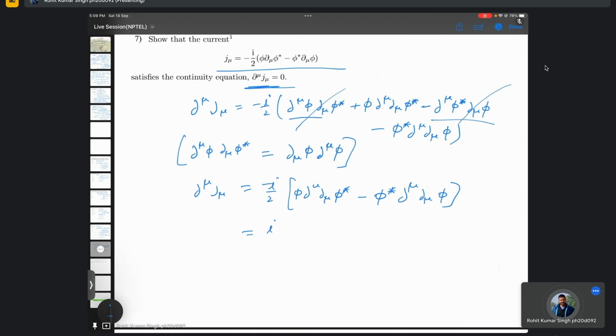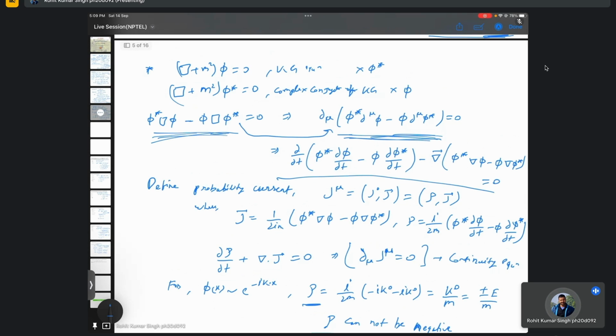and this is nothing but the expression that we had earlier, right? And we know how to obtain this expression. Like we did here, we multiply this with phi star and the conjugate one with phi, and then we subtract and we get this equation, right?